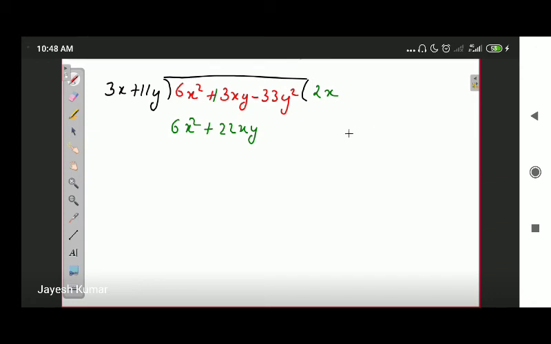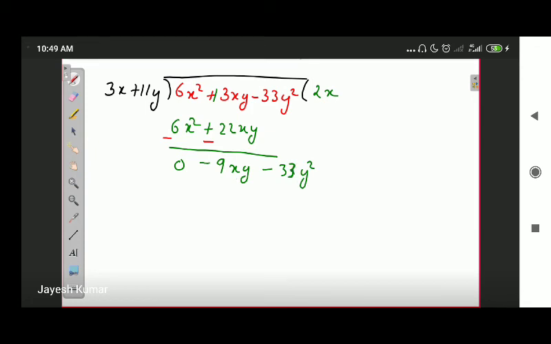Okay, so we change the signs. So 6x square minus 6x square is 0, plus 13xy minus 22xy, that will be minus 9xy, minus 33y square as it is. Okay, so what should we multiply now?